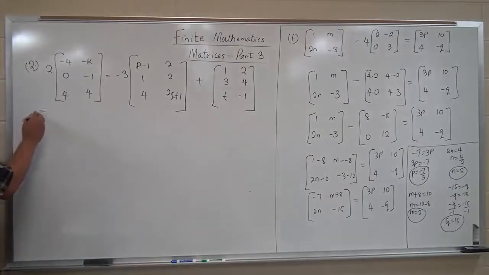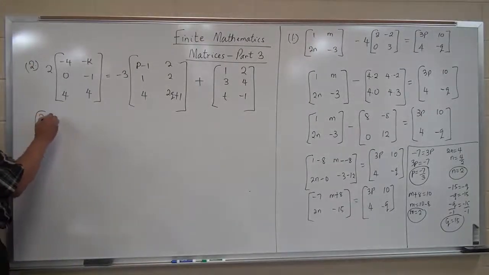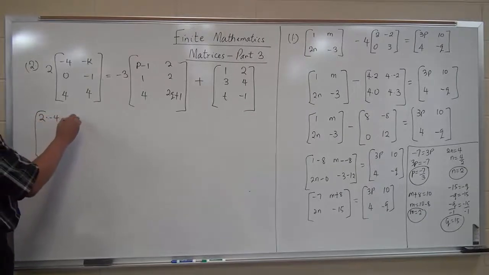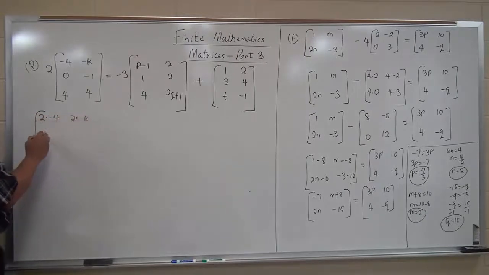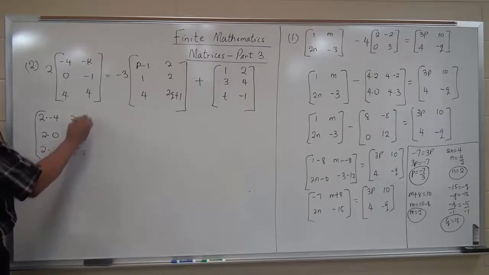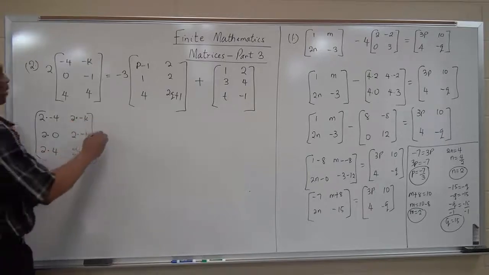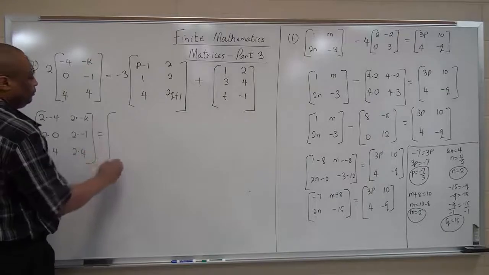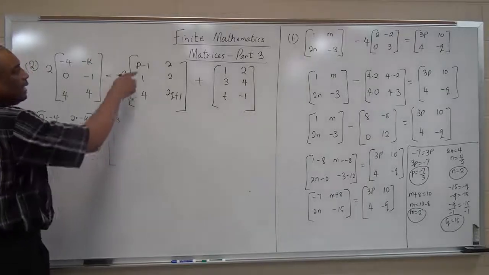So this becomes 2 times negative 4, 2 times negative k, 2 times 0, 2 times negative 1, 2 times 4, 2 times 4, equal to negative 3.